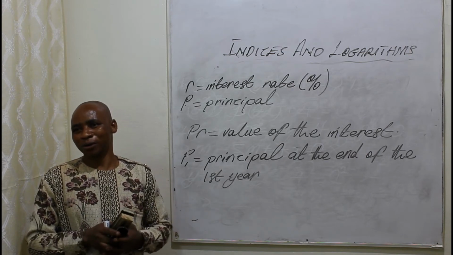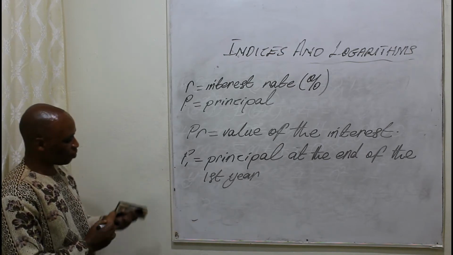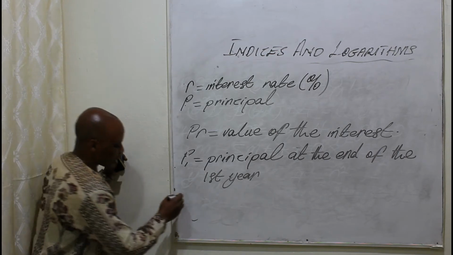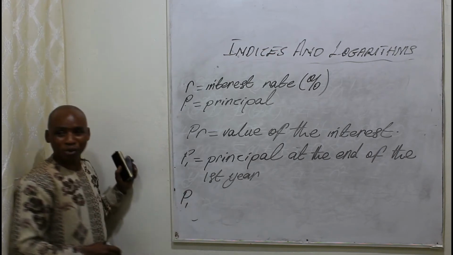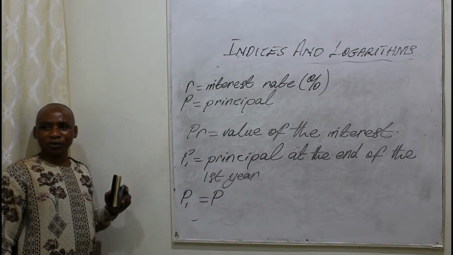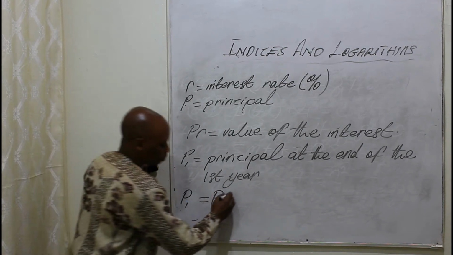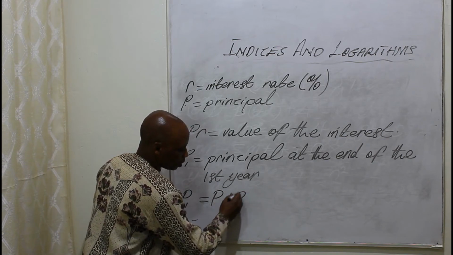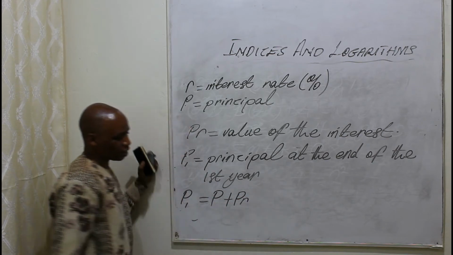That's your take-home amount. So at the end of the first year, that's P1, your principal will be equal to the principal that you started with, that's P, plus the interest, that's PR.